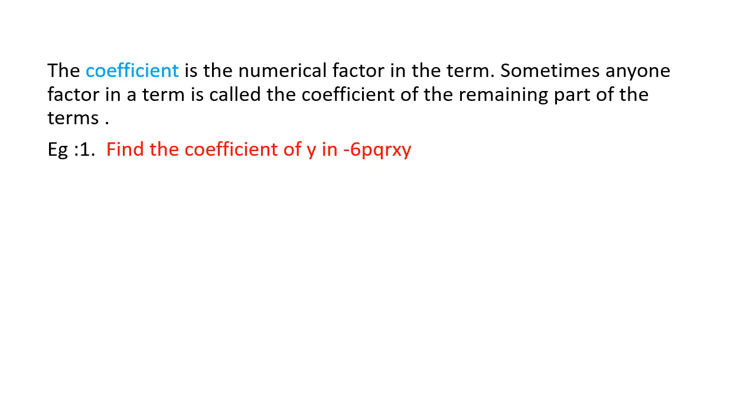So how will you write? Except y, we need to write all the remaining variables as well as the numerical factor as the coefficient of y. The coefficient of y is minus 6pqrx.